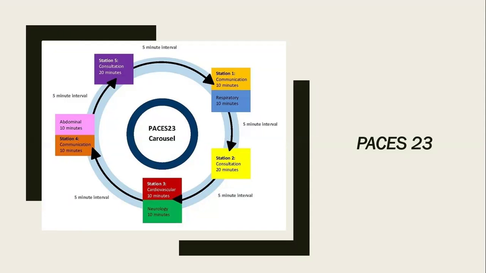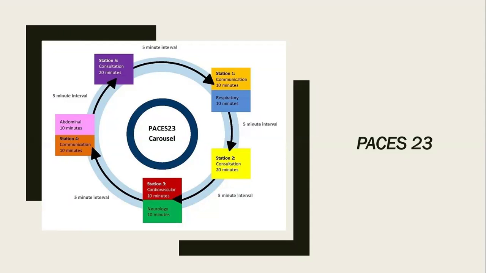It's assessing you and your skills as well. So everything counts. For example, your body language, your confidence, your way of speaking, and of course, your knowledge and your clinical skills. So let's move on to the carousel first.